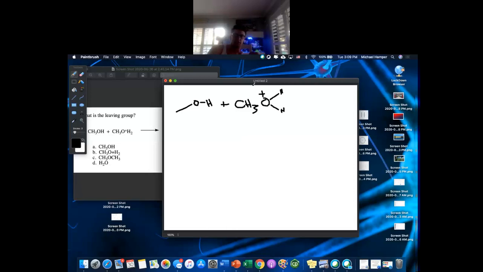Actually, this thing here is the substrate. Remember, the things that have extra lone pairs are going to be what's doing the attacking. So this alcohol actually has lone pairs to use, attack, and bond with, while this only has one lone pair because it has that extra bond to it.